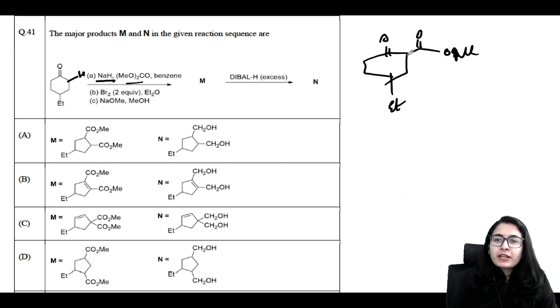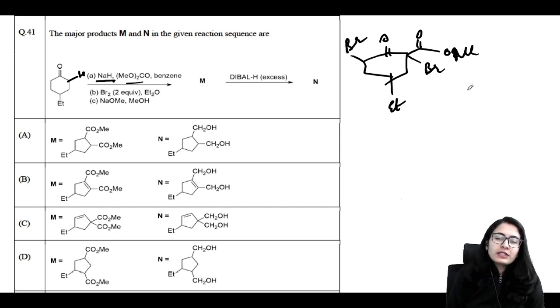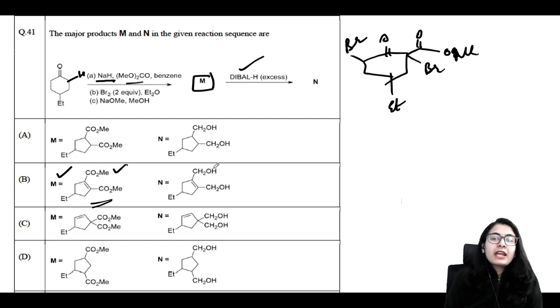This is one bromo, this is another bromo that you have, and we will move onwards with this one only, such that it gives you this molecule, this diester. Now, after the reaction, you are just using DIBAL in excess. DIBAL is not going to reduce the double bond. It is used for the reduction of the esters into alcohols. That's simple. So this is your correct answer, option number B.